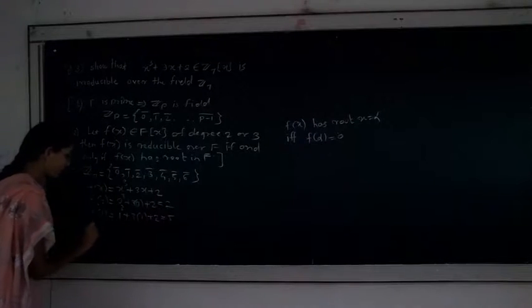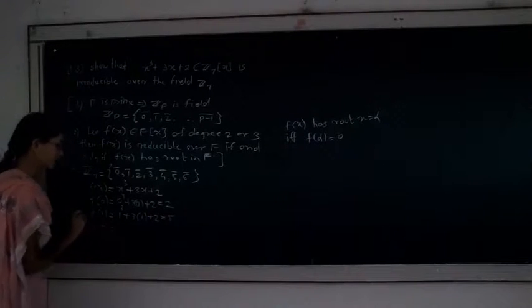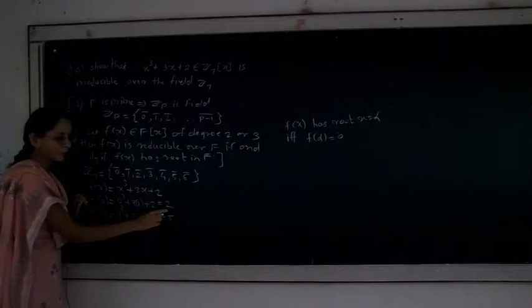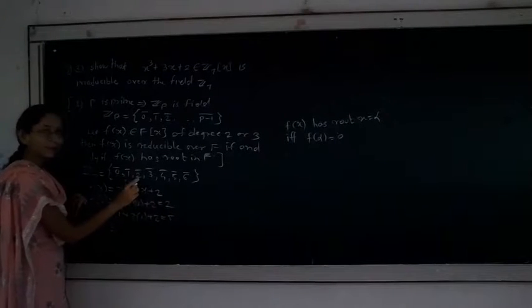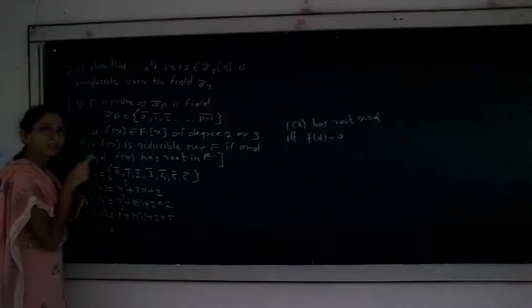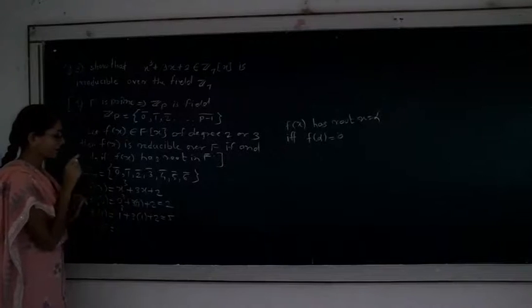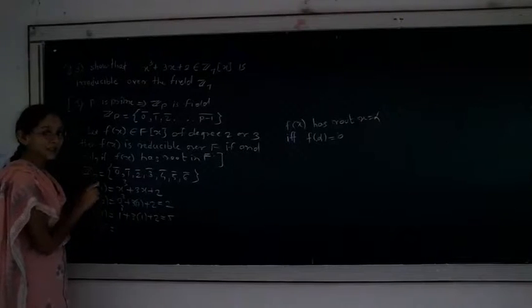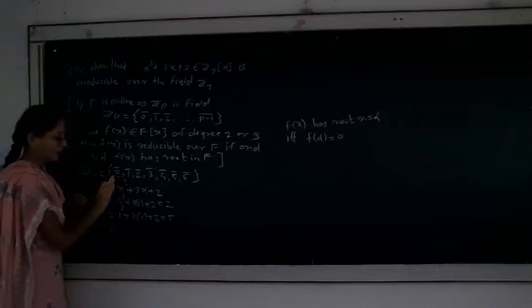So f of 0 bar is 2 bar, and 2 bar is not equal to 0 in Z7. The zero element in Z7 is only 0 bar.